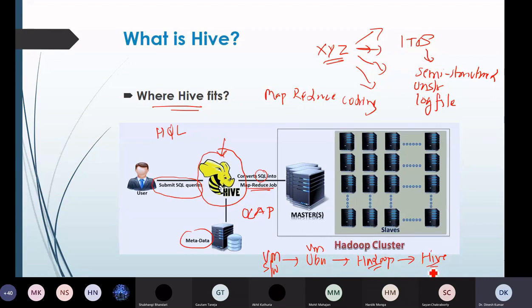On top of it, you install Hive, so that you can send SQL queries to this Hadoop cluster for processing. So this is the sequence you have to follow while working with the Hive component.